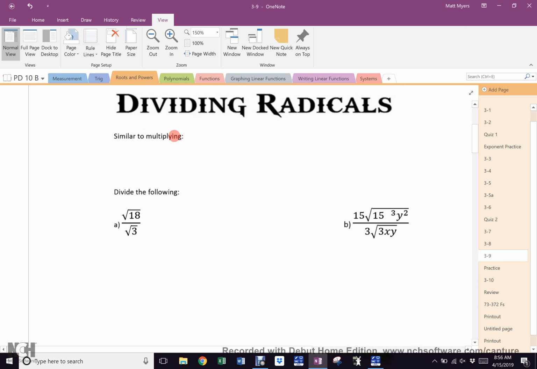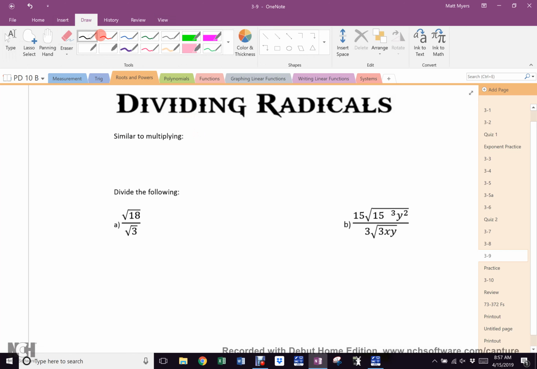It's similar to multiplying in that the index numbers must still be the same.